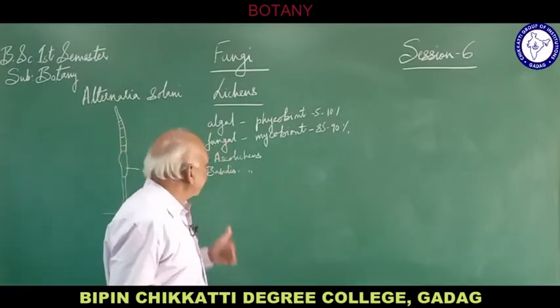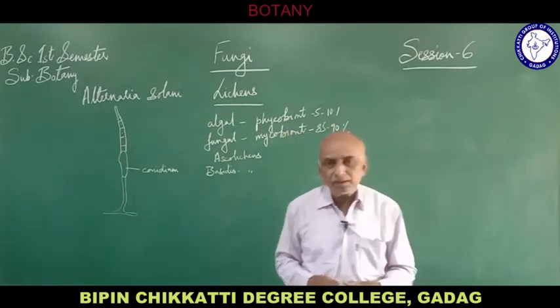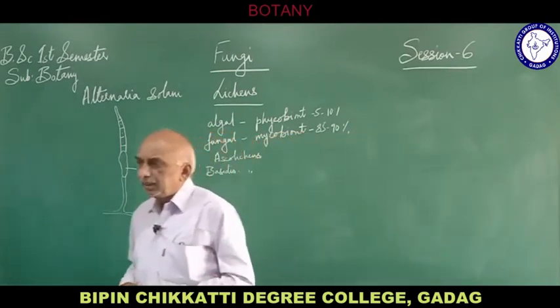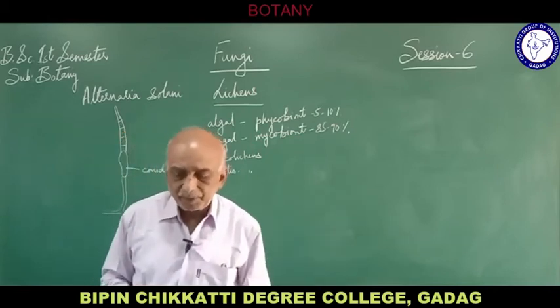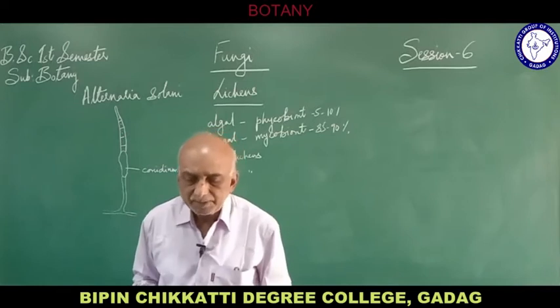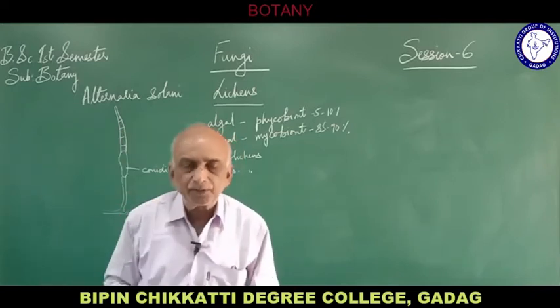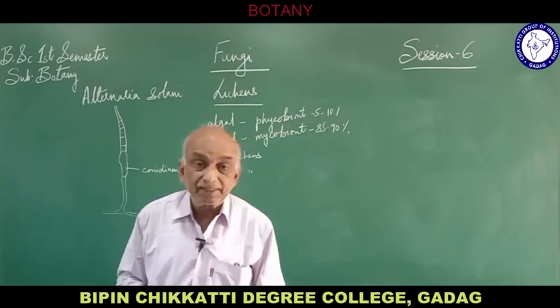Now whether it is asco or basidiolichens, lichens grow on rocks and walls of the houses. And they are usually xerophytic in nature, meaning they can face long periods of drought conditions, scarcity of water.